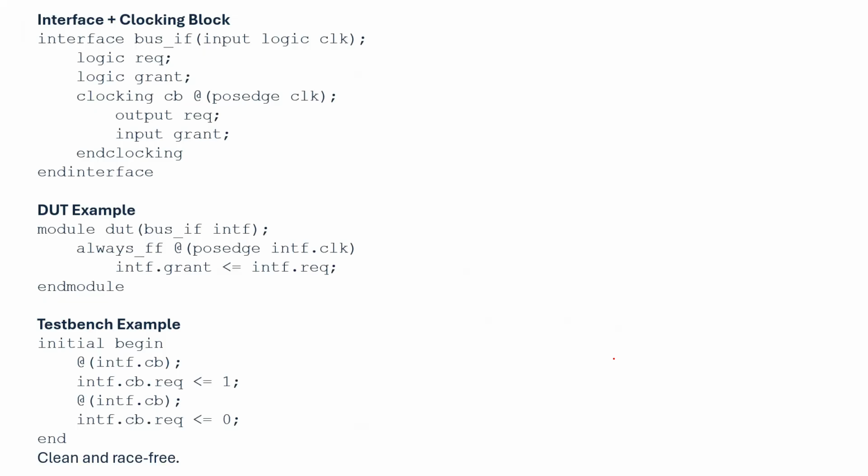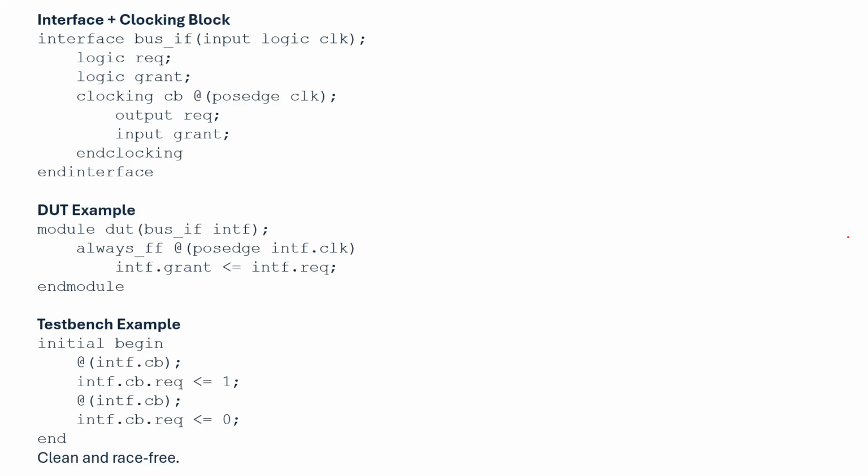That's what skew is: input skew and output skew. See, interface with clocking blocks. Same thing: in the interface we represent the signals, and the same thing we write in the clocking blocks. Clocking block @(posedge clock), output is the request, input is the grant, from the TB perspective, because from the TB, request is an output and grant is an input.